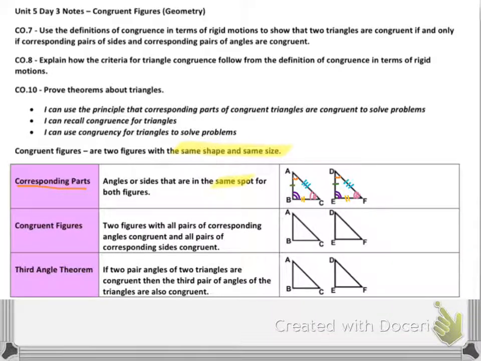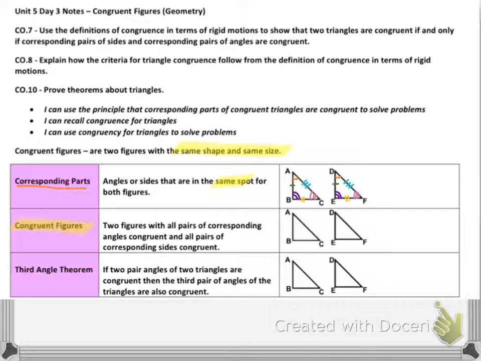So, when we're talking about congruent figures, the most important thing about them, or if you wanted to break it down into a few words that explain what congruent figures are: they have all pairs of corresponding parts congruent. Ooh, that's probably really hard to see.